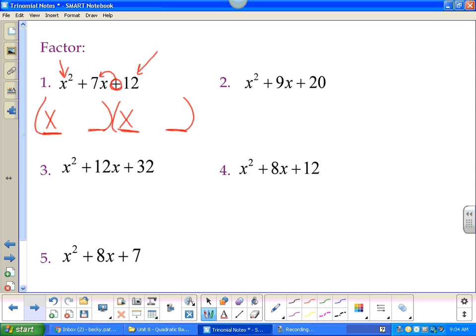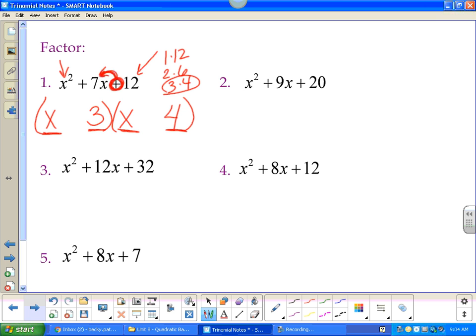So it's whatever this sign is how I want to be able to get that number. So when that second sign turns into a minus, we're going to be subtracting to get a 7. That's going to come in a little bit. But right now I want to add to get a 7. So if I have 1 times 12, 2 times 6, and 3 times 4, which pair will add to give me a 7? And the answer is 3 times 4. So those are my numbers that go in the back.